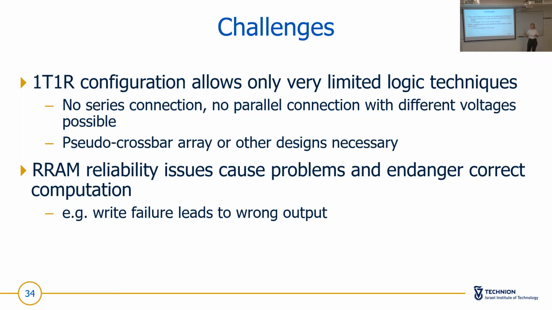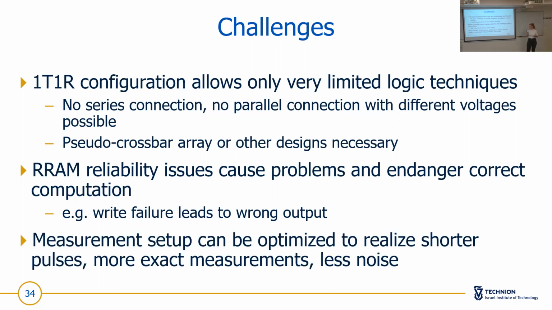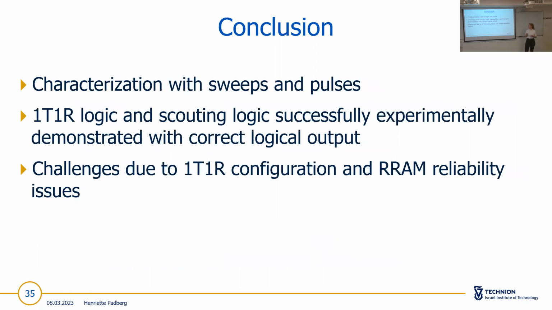And also, of course, writing failures that also happen during the measurements, they would also, of course, lead to a wrong result. So in general, the measurement setup can be optimized to realize shorter pulses, more exact measurements, and also that you measure less noise and improve the quality of your measurement.